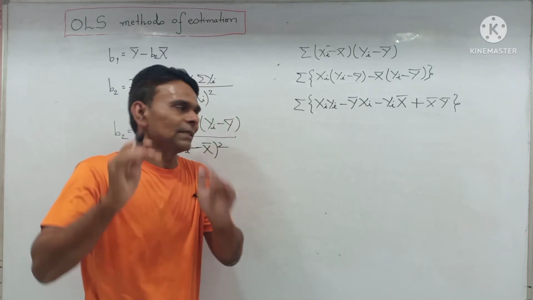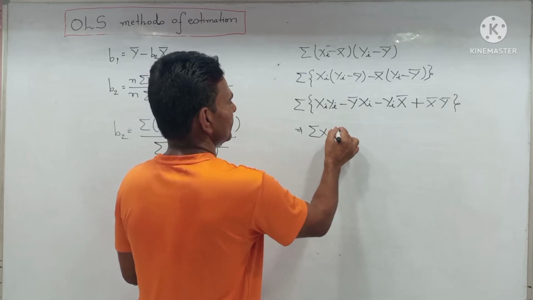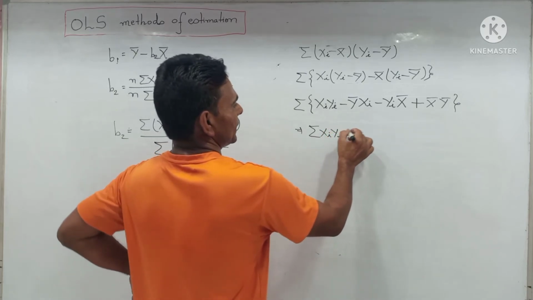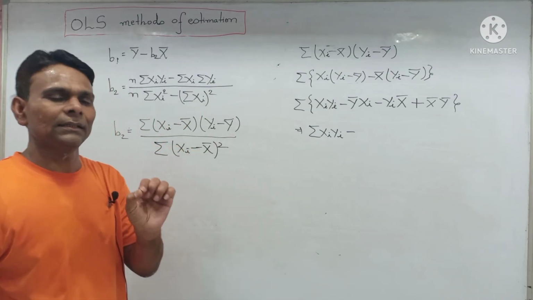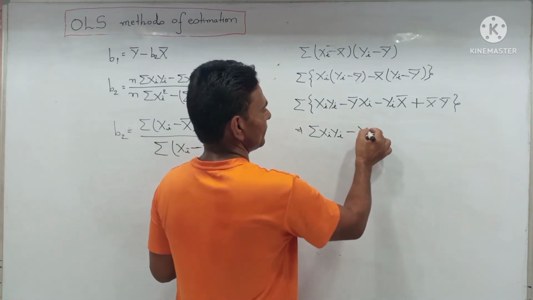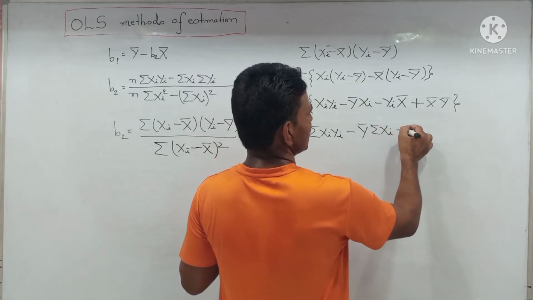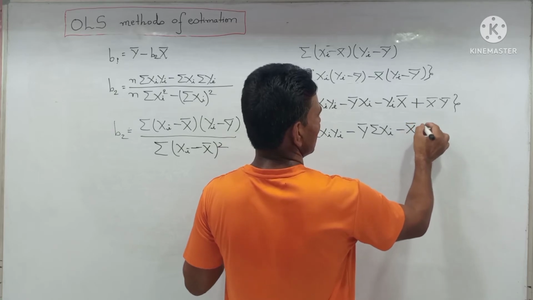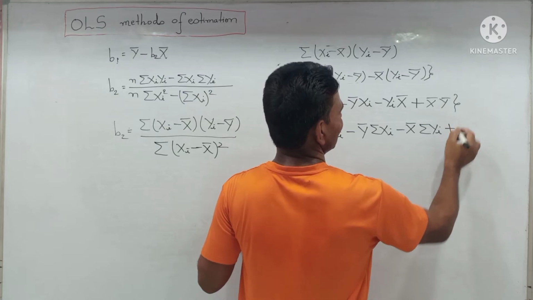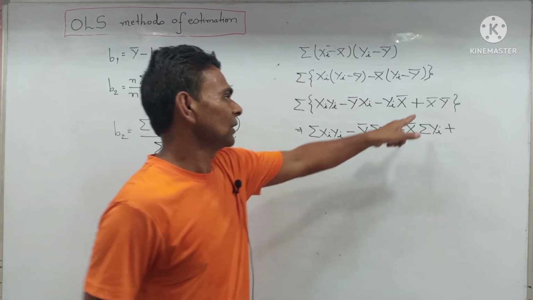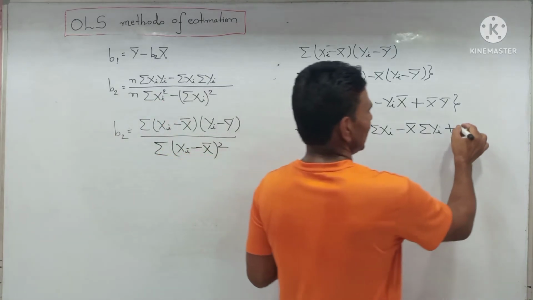Now placing the summation sign: summation of xi yi, here y bar representing mean of y is the constant term. Mean y times summation of xi, and likewise mean x is the constant, times summation of yi, and here summation of both constant terms, summation equal to n, we have already seen.